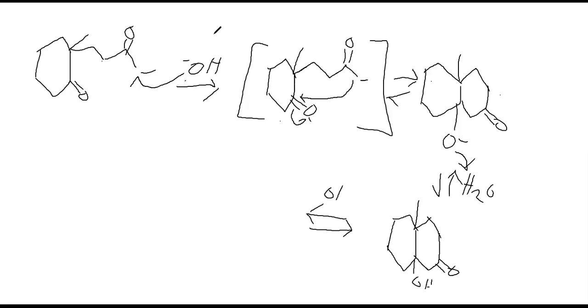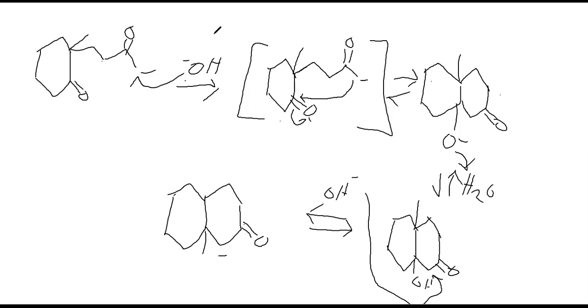In the presence of base, deprotonate here, such that our cyclic ring will then swing down, beta eliminate our OH, and form our final Robinson annulation product.